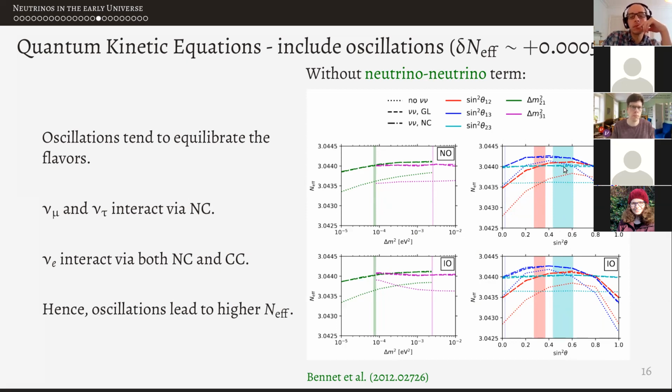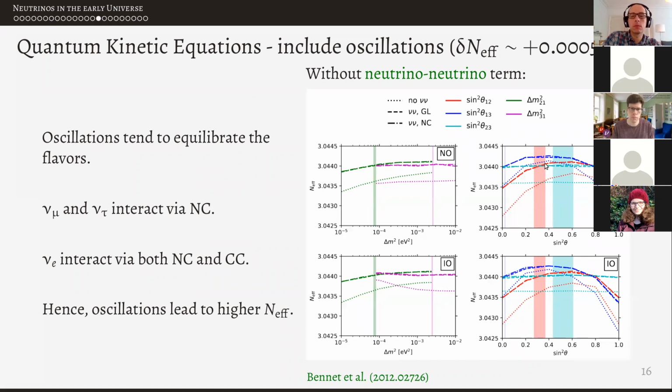The light blue is theta 2,3, which is not measured as well, but also doesn't change the result much. And then we have theta 1,2, which is measured here, indicated by the shaded region. And the red line here indicates the theoretical prediction of N_eff with those different mixing parameters.